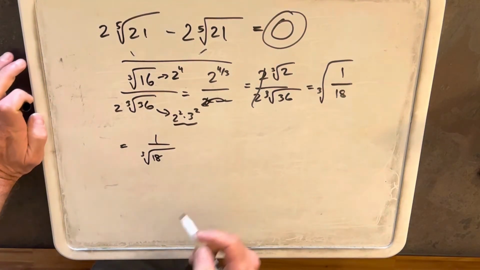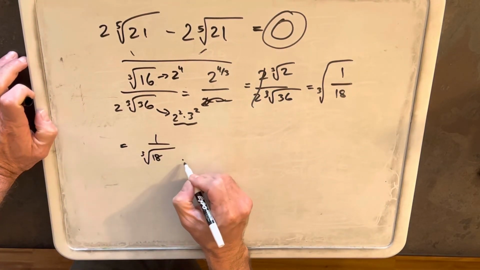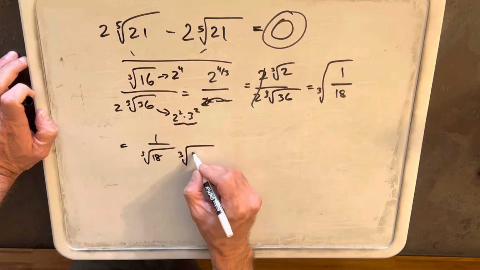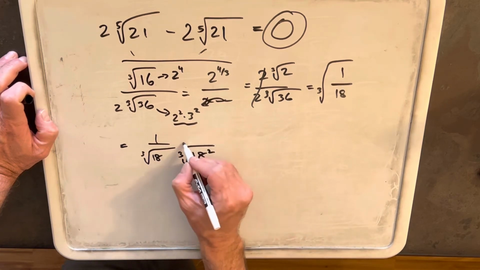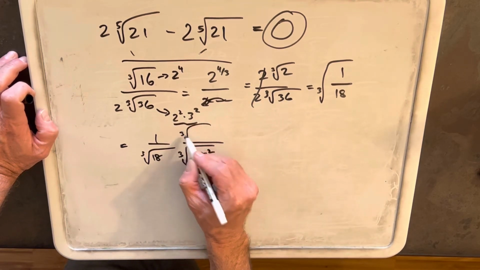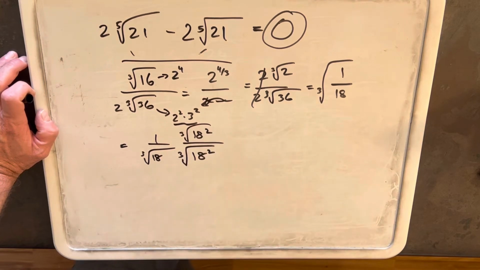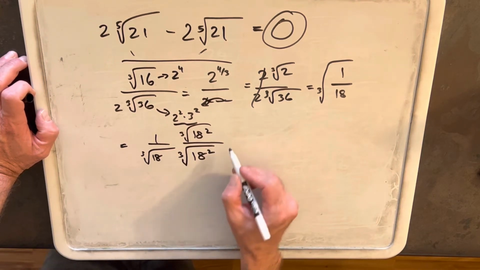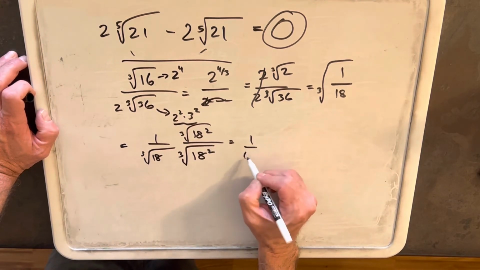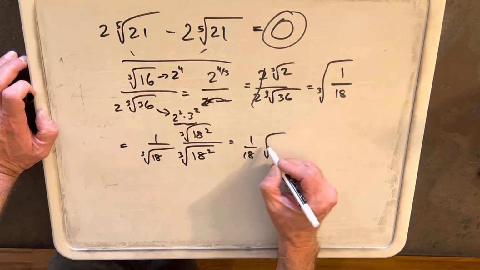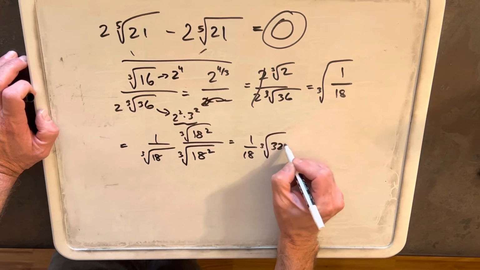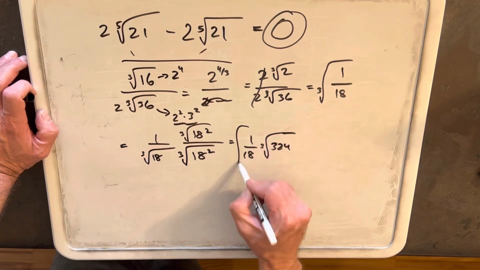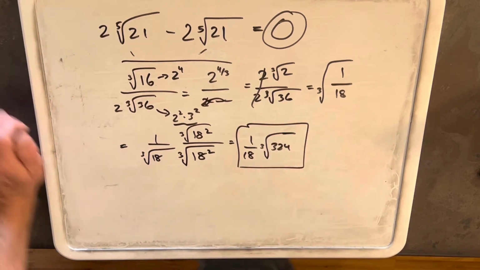So what I could try next, just to make that go away, is multiply by a cube root of 18 squared. And then that way we get 1/18 cube root of 324. I think that's the best I can do.